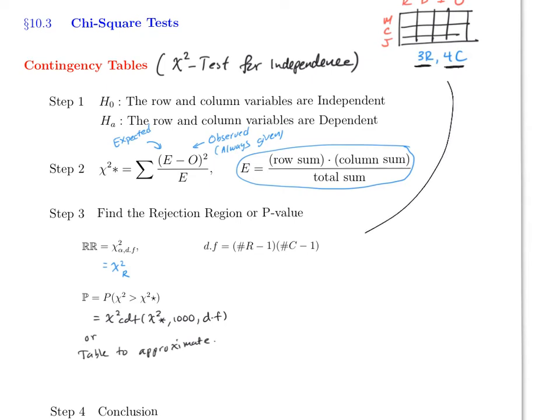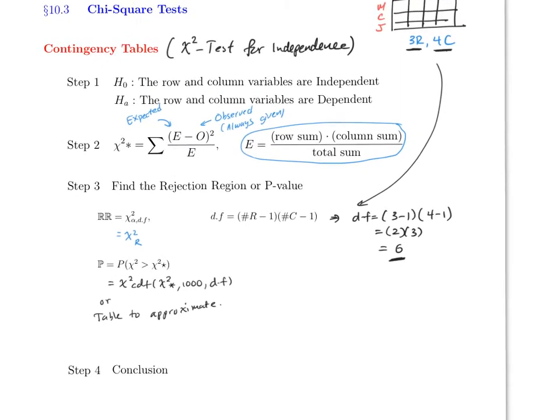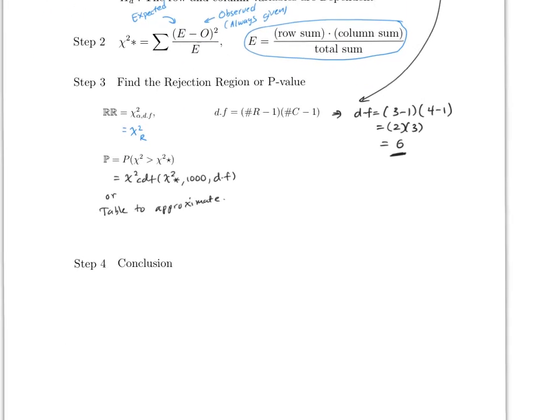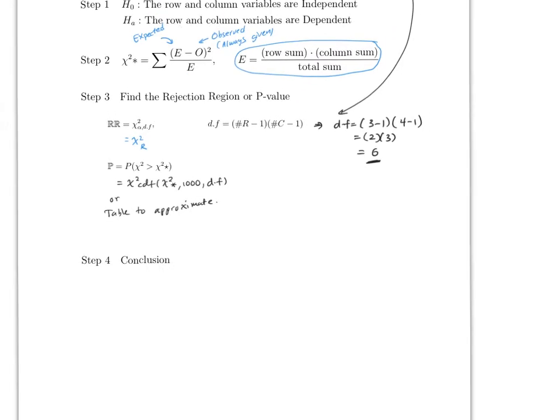Then the degrees of freedom will be 3 minus 1 times 4 minus 1. It will be 2 times 3, and it's 6. So this is how you're going to find the degrees of freedom, which is different than before, but it's still pretty simple.